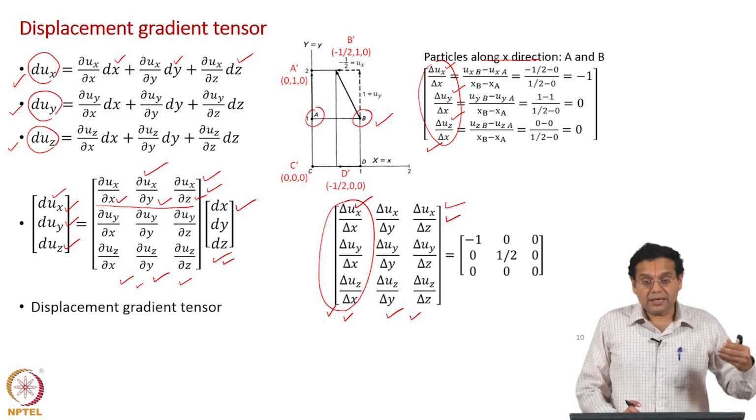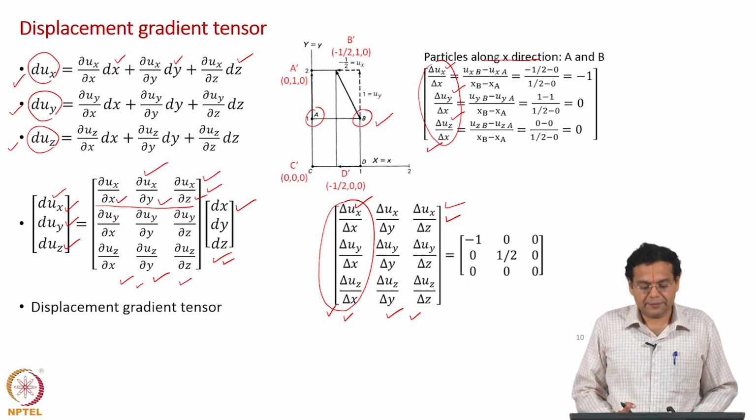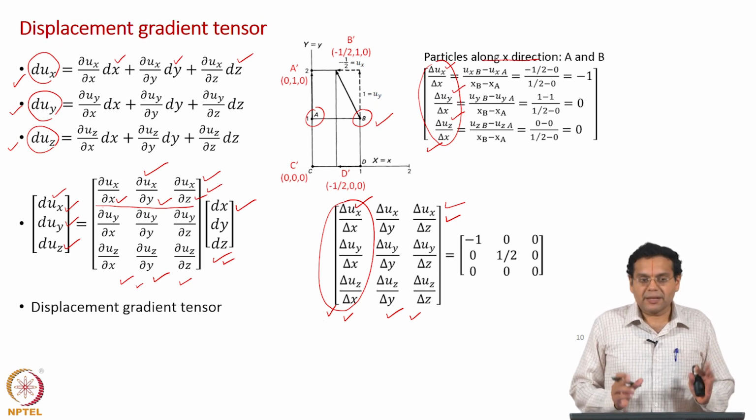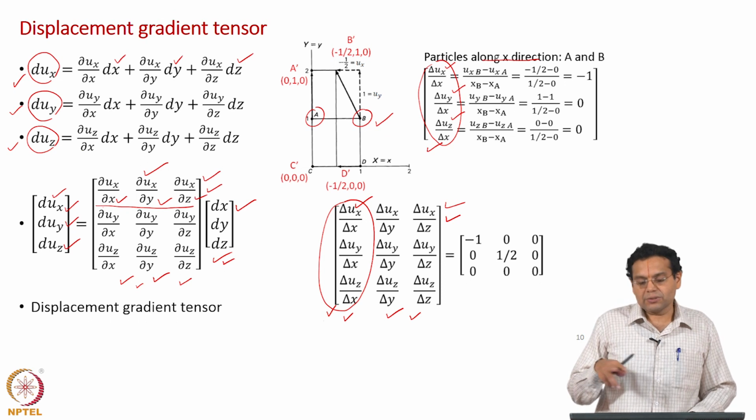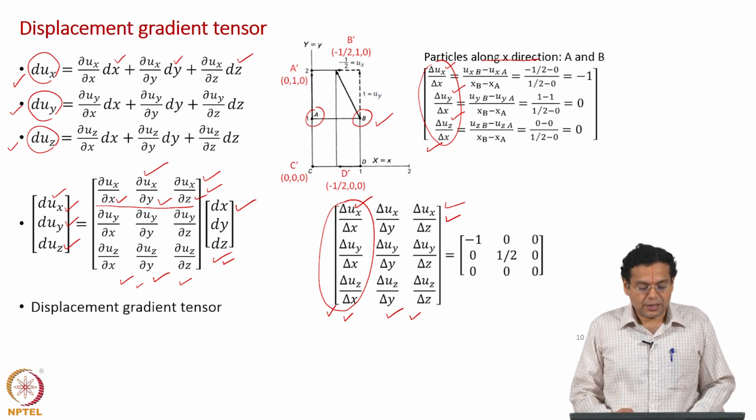So, we have related the differential in displacements to the differential in the directions x, y, z in terms of a displacement gradient tensor. Now, we are going to make this more mathematical. We took 2 points, looked at the difference in displacement, etc. We are now going to arrive at the same expression more geometrically, and that is what we are going to do now.